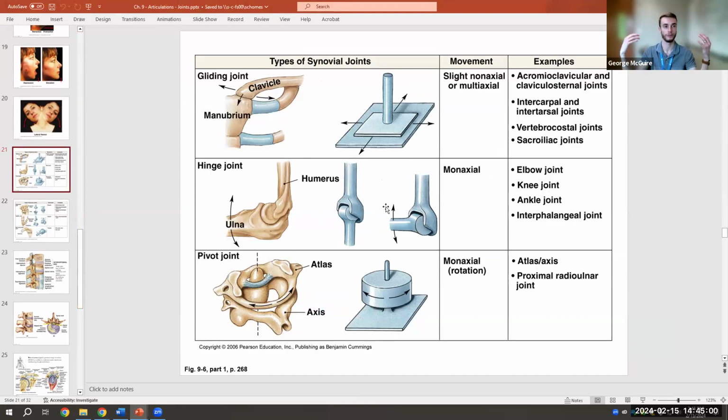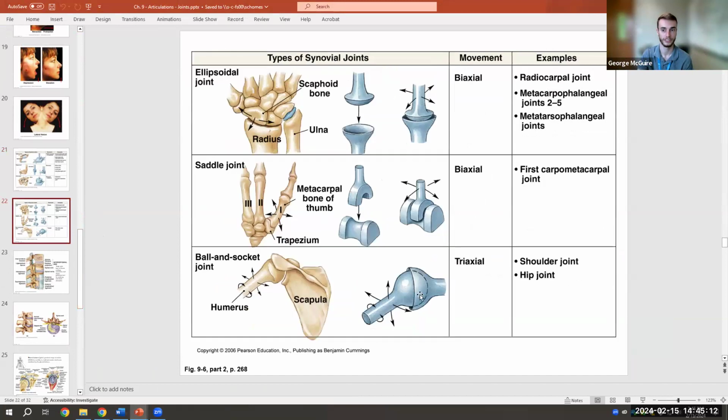Our elbows, our knees, our ankles, they can really only flex and extend. There's very little side-to-side movement, if any. Whereas a ball and socket joint is triaxial and allows you to go in all different planes. So a lot more movement is available.